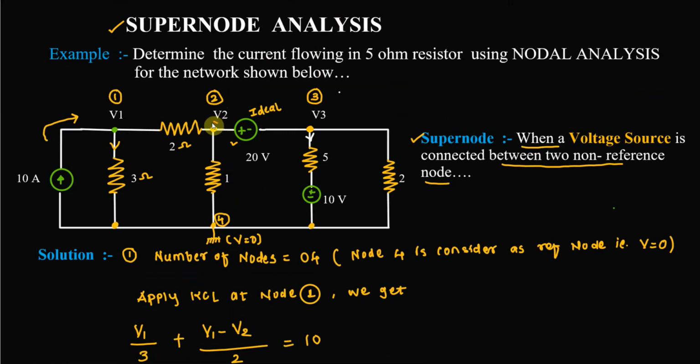Between these two non-reference nodes, node 2 and node 3, there is a voltage source, and when this situation occurs, that node is called a supernode. So we will say that node 2 as well as node 3 represents the supernode. Why does it represent the supernode? Because in between these two nodes there is one voltage source, right?